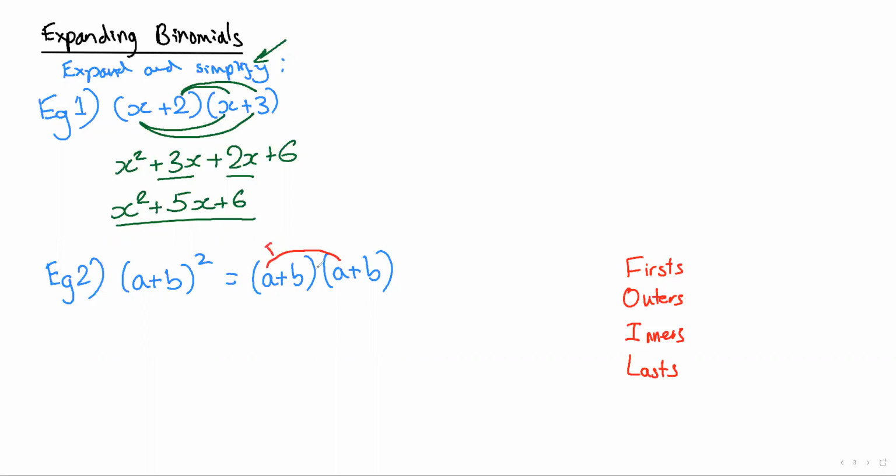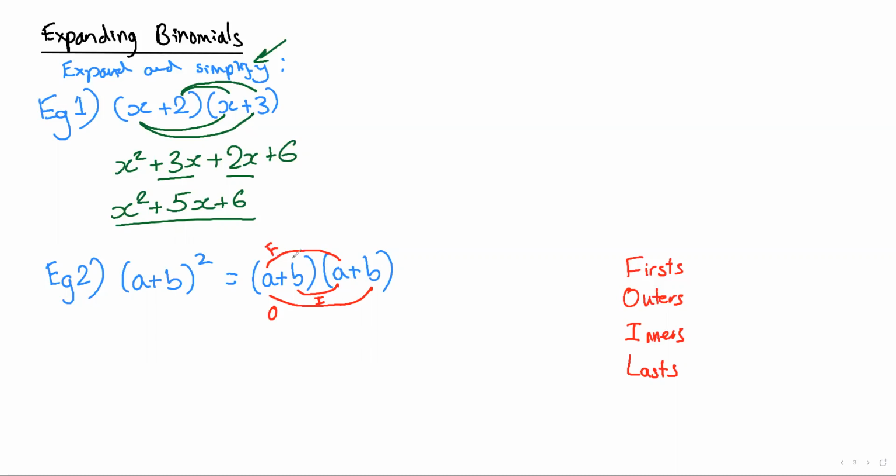So that's our F. And then our O are outer terms. And the outer terms are the ones on the outside. So our leftmost term and our rightmost term. And then so that will be O. And then we have our inners, which are the terms that are closest to the middle. So that's our inners, I.